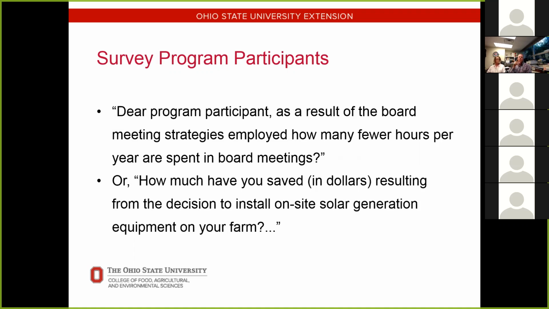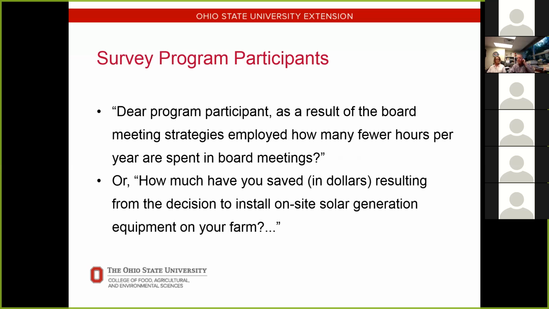So you could ask folks about an actual program focused on boardsmanship and meeting management strategies, in the hope that they've employed some of these strategies. Ultimately, what in terms of hours as a board member can you document in terms of savings?